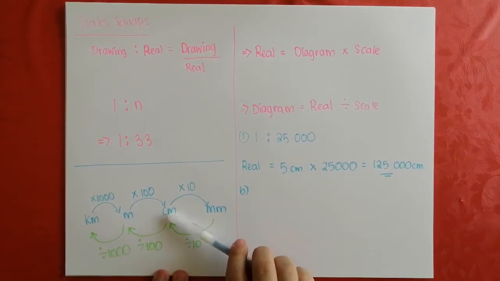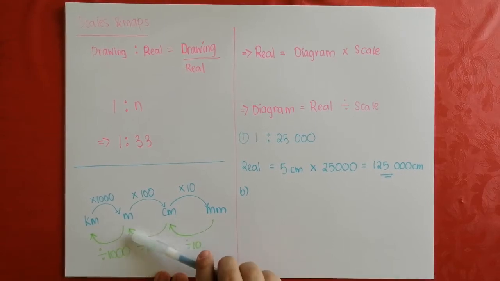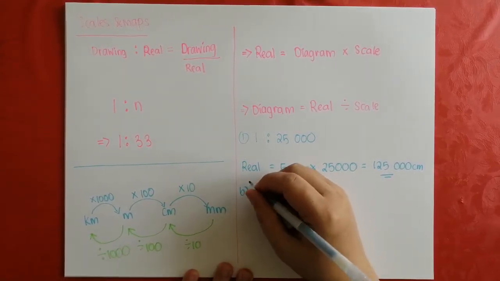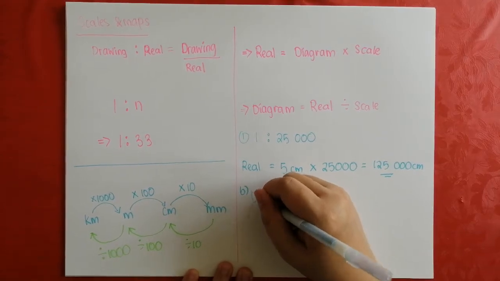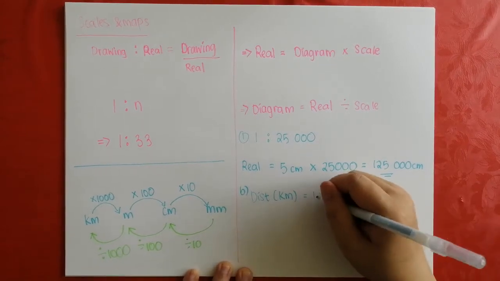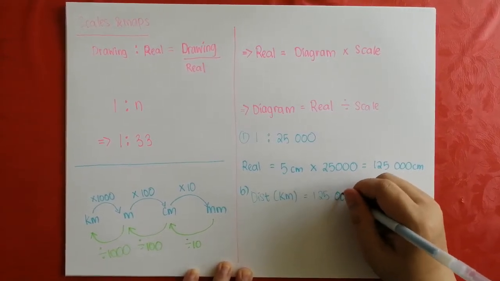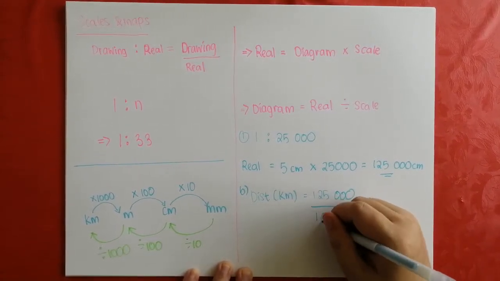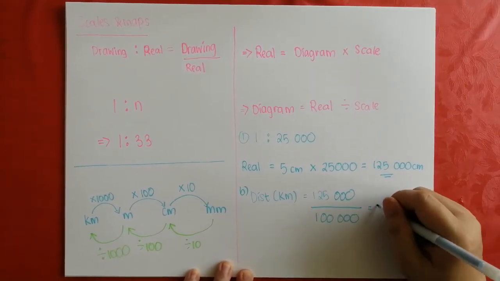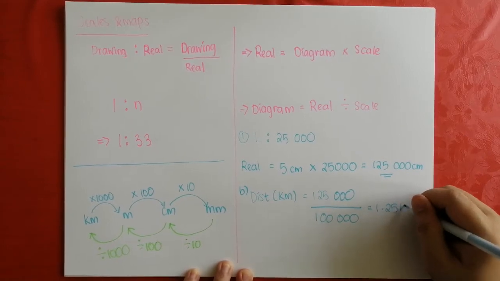From centimeter to kilometer we divide by 100, then divide by 1000. So your distance in kilometer will be 125,000 divided by 100,000. Therefore it gives you 1.25 kilometer.